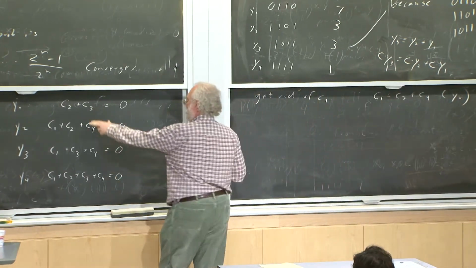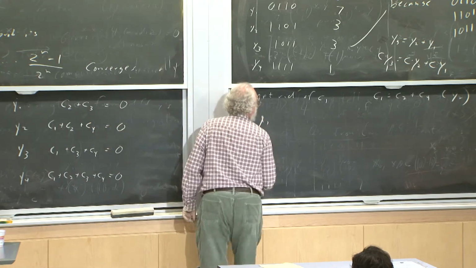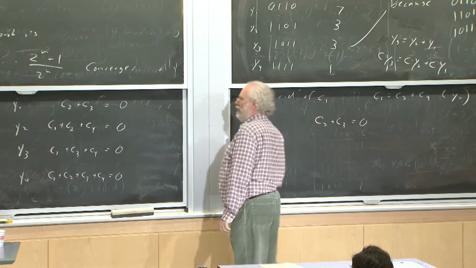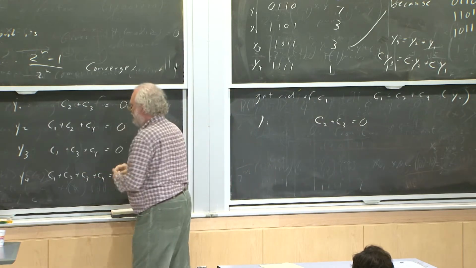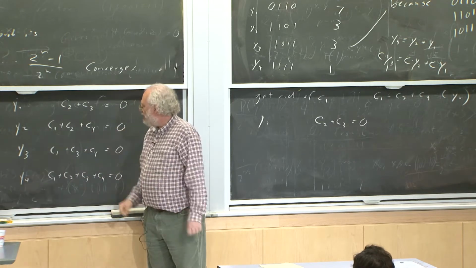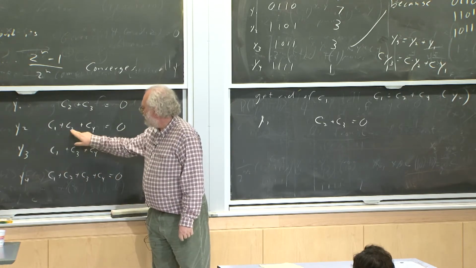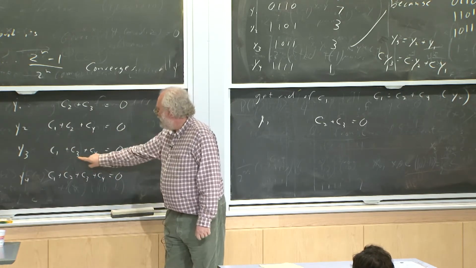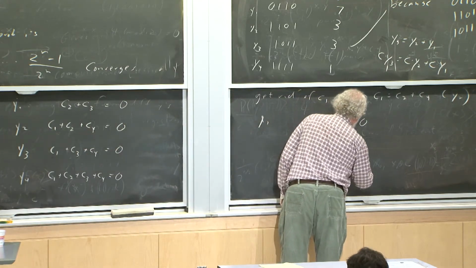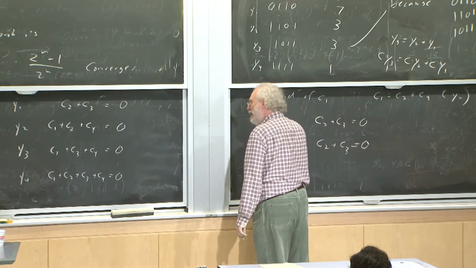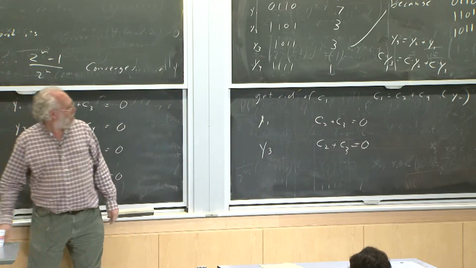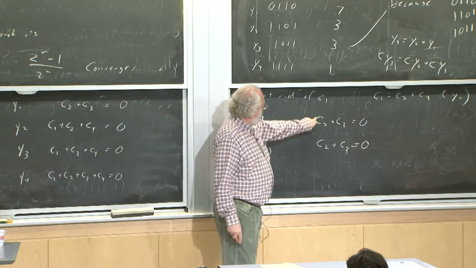And now y1 gives us C2 plus C3 equals 0. y2, well, we're using this equation to eliminate C1, so we won't worry about it. y3, we take this one and we subtract this one. We get C2 plus C3 equals 0, which is a duplicate of this equation.